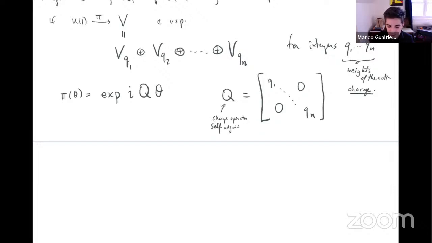We see that this Hermitian, this self-adjoint, is being converted into a skew adjoint by the multiplication by i. Therefore, we're exponentiating a skew adjoint matrix, and we're getting something in the unitary group, just as we discussed.